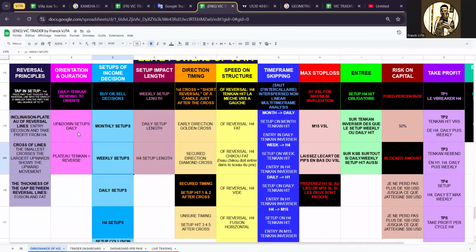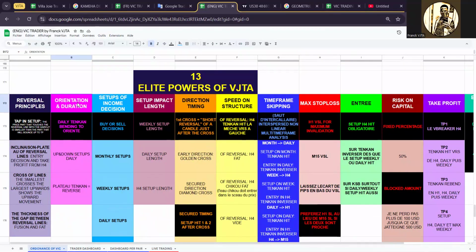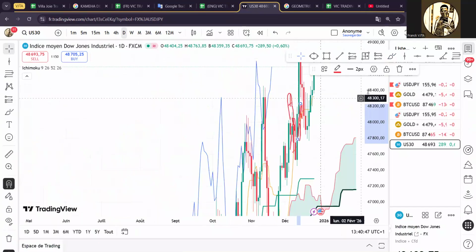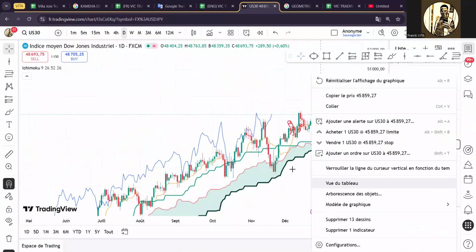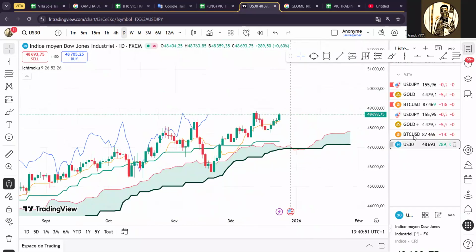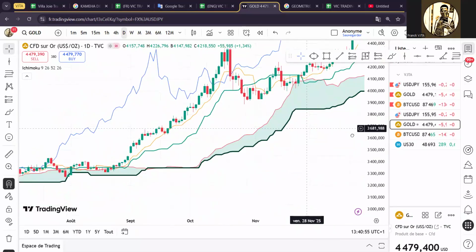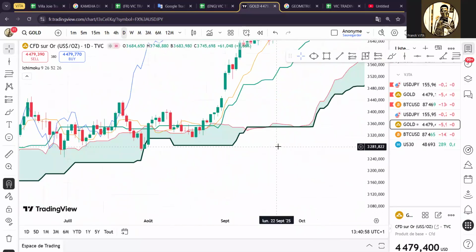So now, next thing we have the orientation and duration of Tenkan bending. Tenkan bending to the upside on daily, for example. What do I call the orientation and duration?